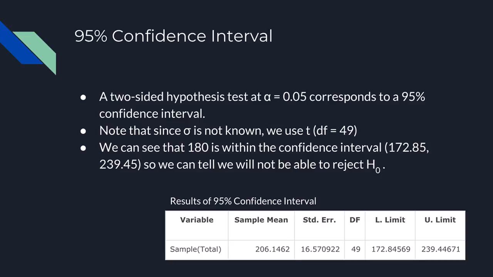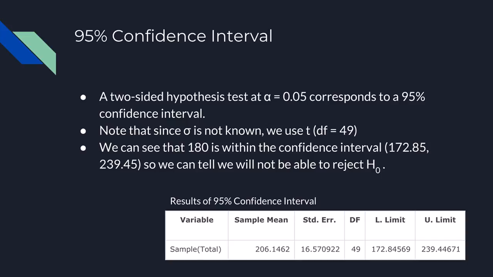Now looking at the confidence interval that we've produced, which is from $172.85 roughly to $239.45 roughly, we can see that $180 is within this confidence interval. So we can already say that we will probably or almost certainly reject the null hypothesis, assuming we did our confidence interval correctly.